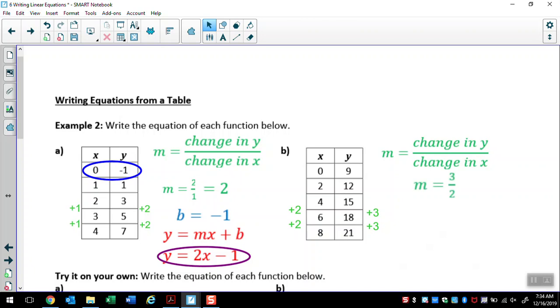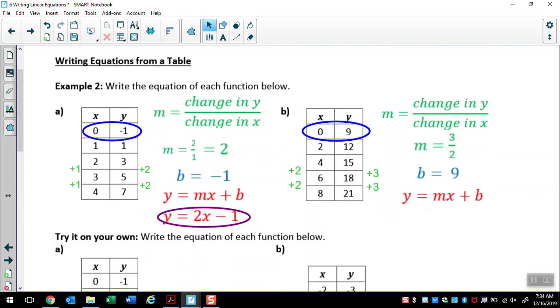And we check to make sure it's in simplest form. It is. Now we look for the 0 in the x column. So here it is. So our y-intercept is 0, 9, and we say our b value is just 9. We write our equation, substitute in the slope and the y-intercept, and we have our final equation.